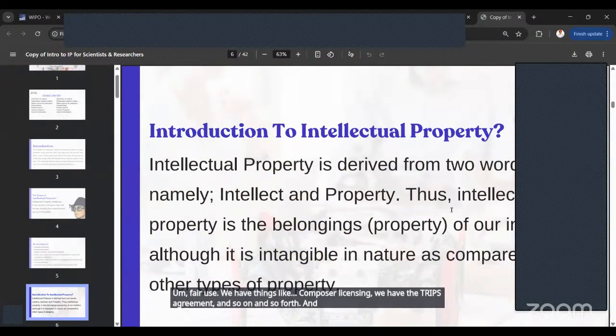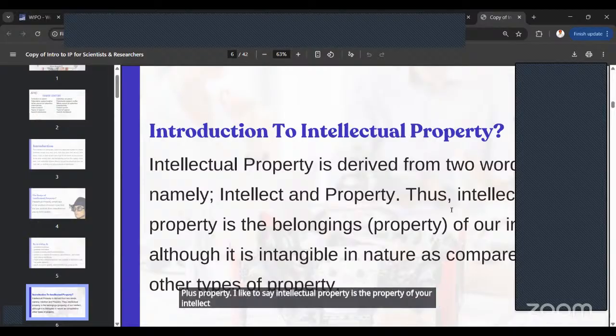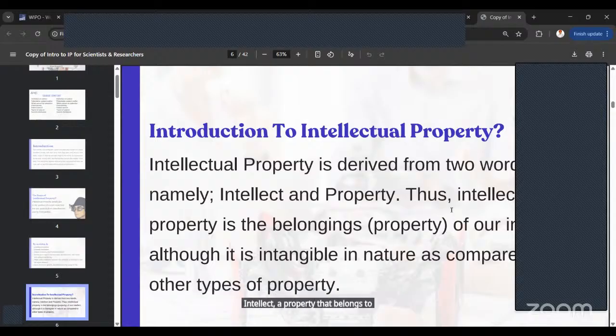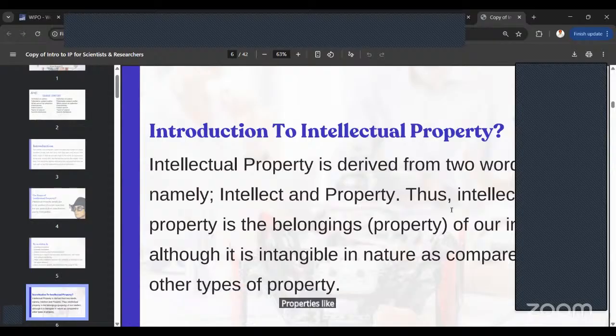And so here we'll look at IP now. When you say intellectual property, this is two different words: intellect plus property. I like to say intellectual property is the property of your intellect. Intellect, a property that belongs to you. Just like Rakesh mentioned, we have other properties like tangible properties. Intellectual property, on the other hand, is an intangible property.